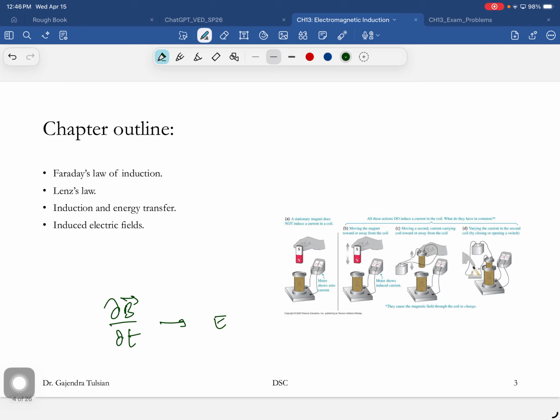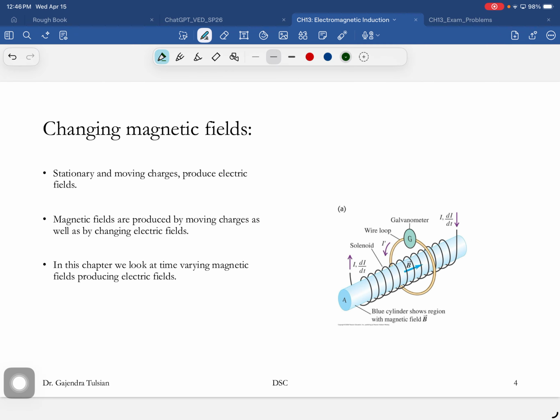All right, so in this chapter, we'll look at time-varying magnetic fields producing electric fields. In previous chapters, we've studied charges produce electric fields, and moving charges produce magnetic fields. We saw moving charges producing magnetic fields.